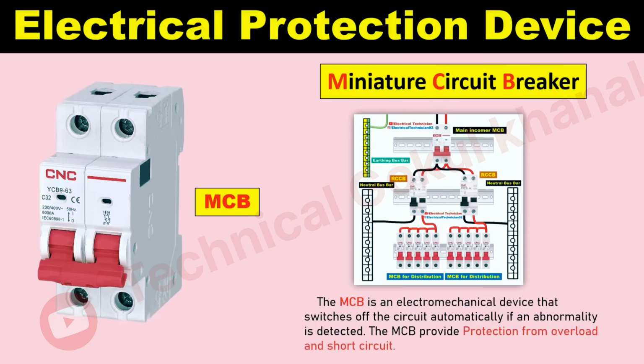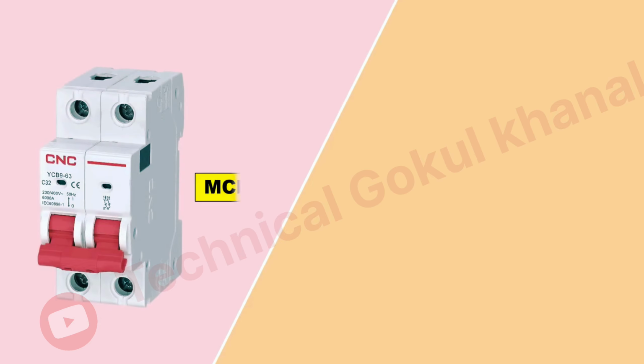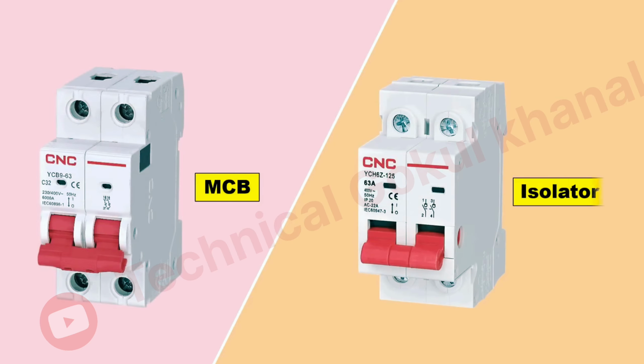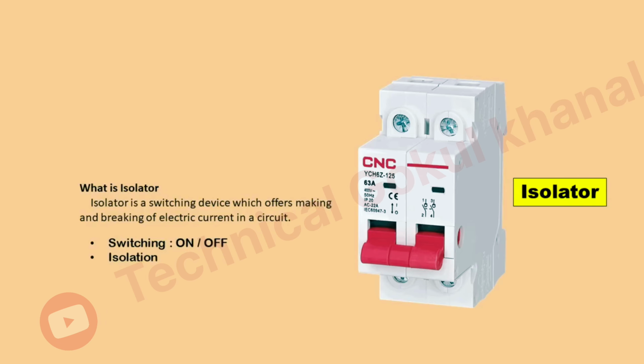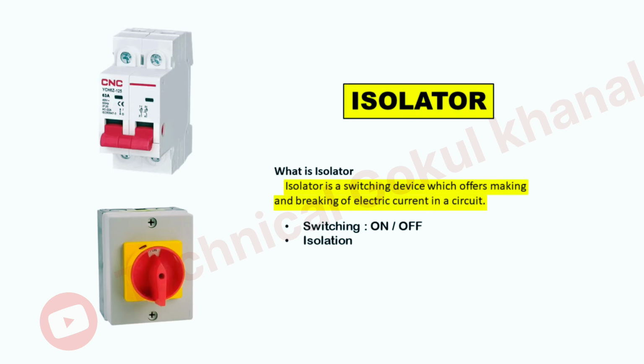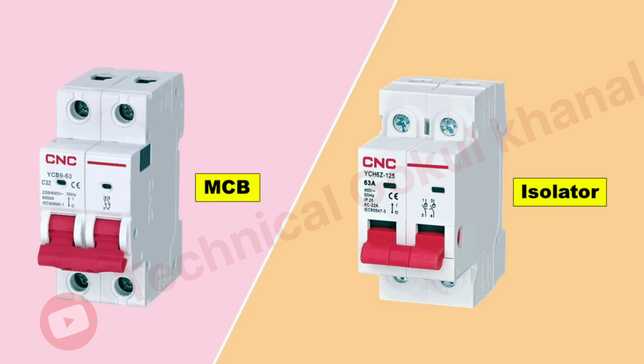Friends, before moving forward, I want to tell you one more thing, that is the MCB and the isolator, both of these look almost the same. Just like your MCB, isolator is also there. Although you can find various types of isolator, this MCB type of isolator looks exactly the same as MCB.